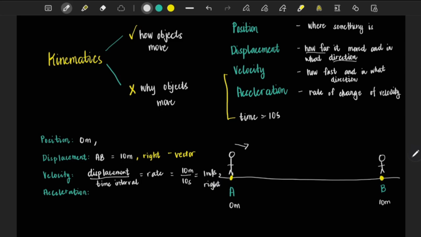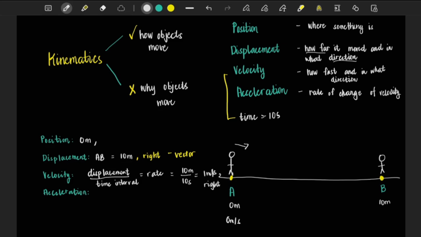Finally, for acceleration, it is simply the rate of change in the velocity of the person or object. Now let's assume in this example once again that the person starts his motion at 0 meters per second, or its velocity is 0, or it is basically at rest.